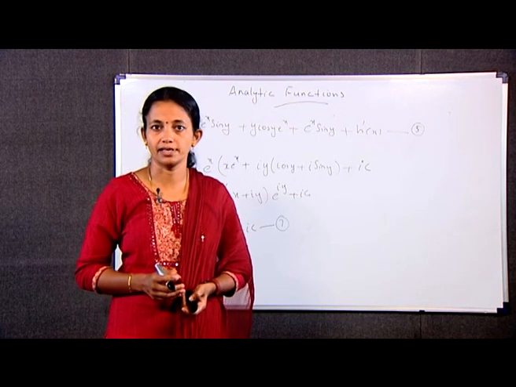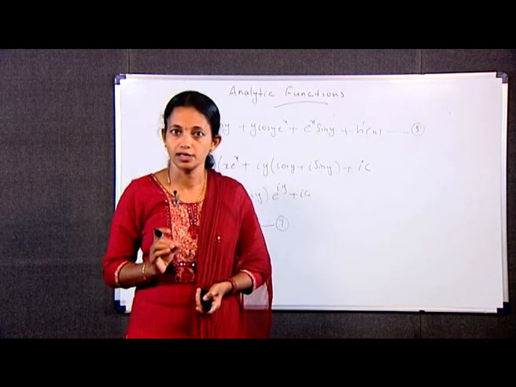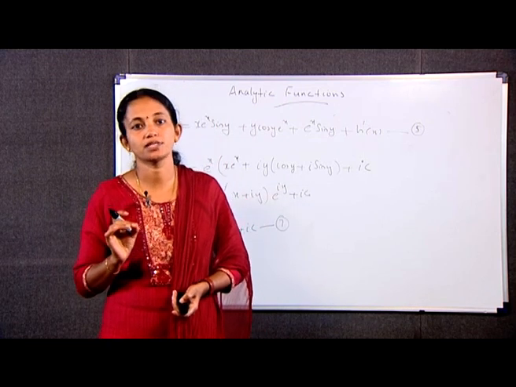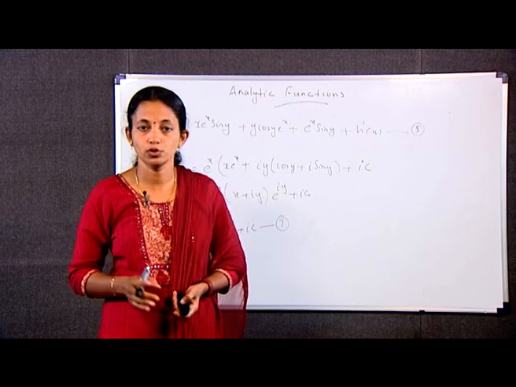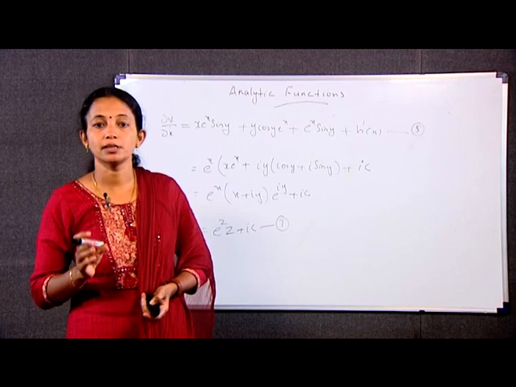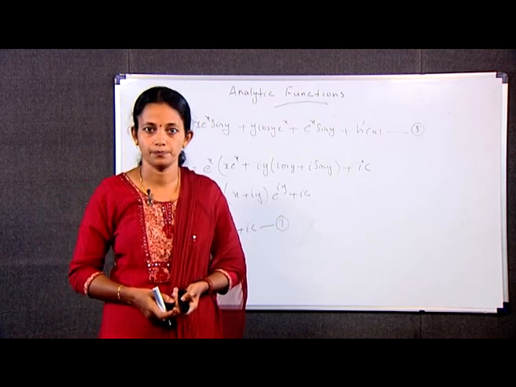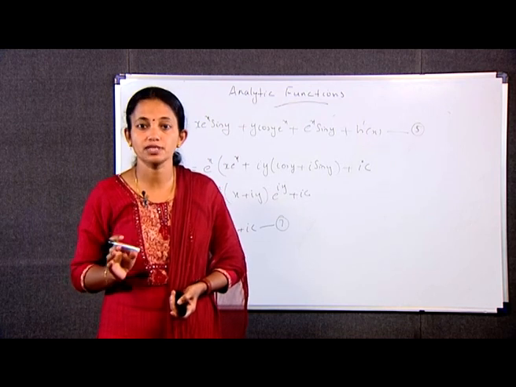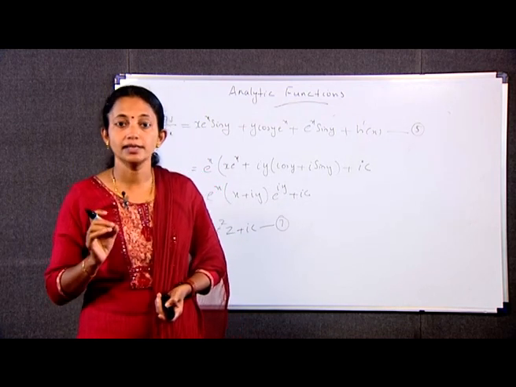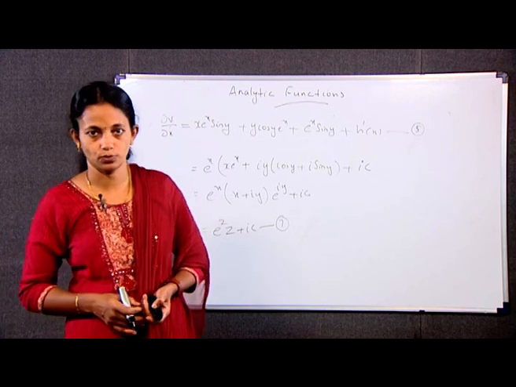Next, we have an example: if a function is analytic, show that it is independent of z bar. For that, let the function be w is equal to f(z), as usual u(x,y) plus iv(x,y). To show that it is independent of z bar, we have to show that dw/dz̄ is equal to 0.